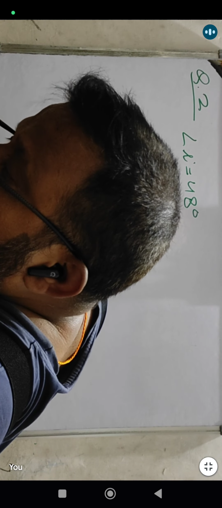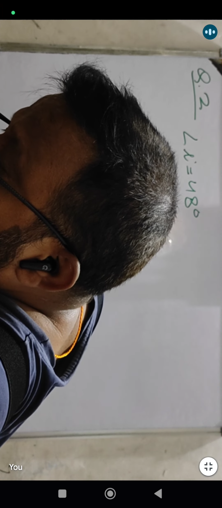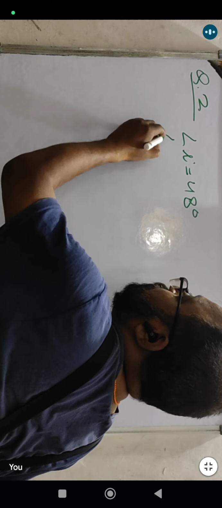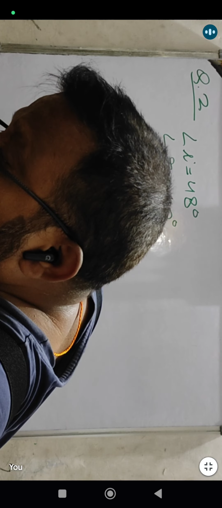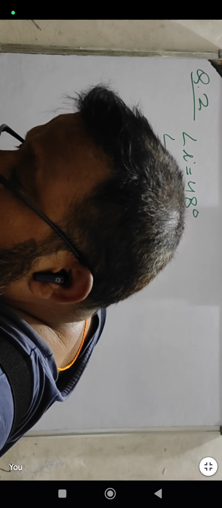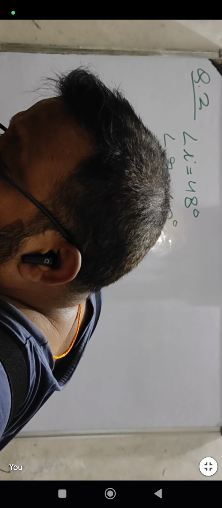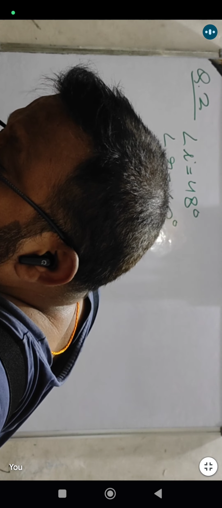On a prism of refracting angle 60 degree. Very nice. Now it suffers minimum deviation, right? Calculate the angle of minimum deviation.